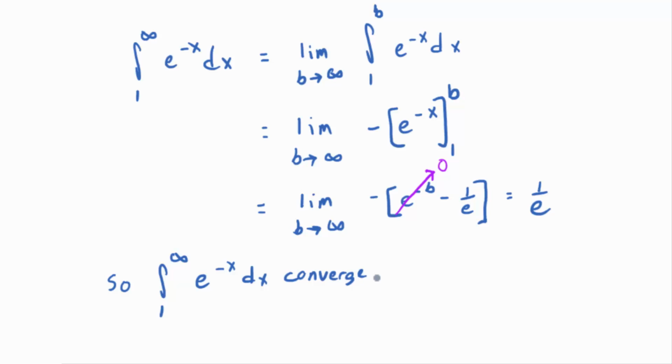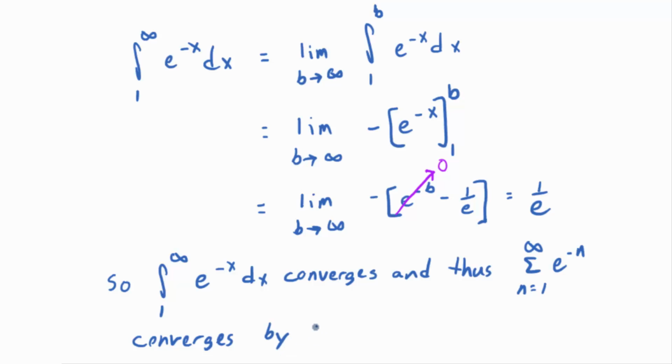Does the series converge to 1 over e? No. So I'll say this: and thus the series, the sum from n equals 1 to infinity of e to the negative n, converges by the integral test, IT. Now, let's emphasize, we don't know what the sum converges to.